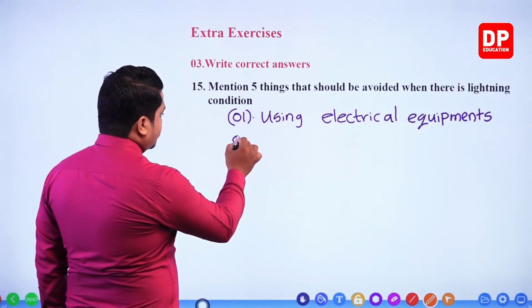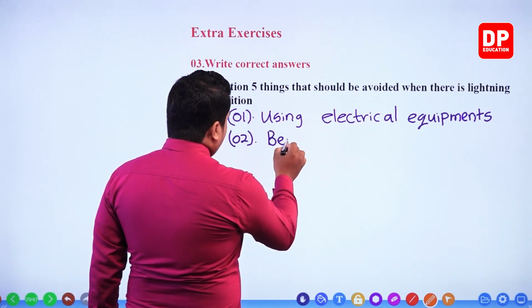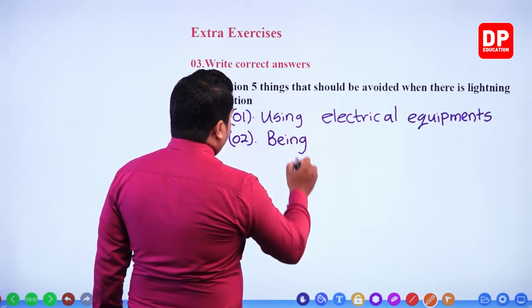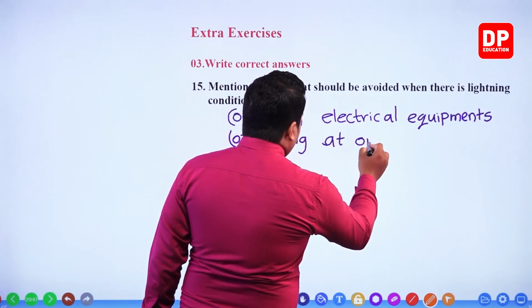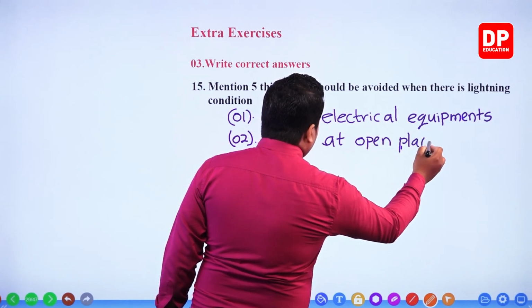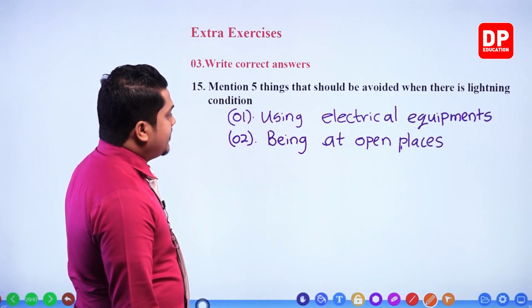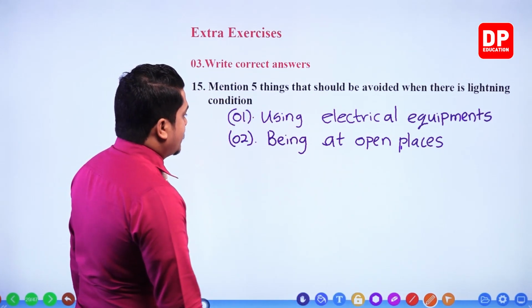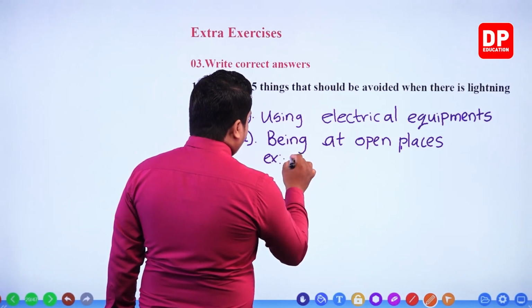Number 2, being at open places, right? Being at open places. For examples, you can provide like playgrounds.